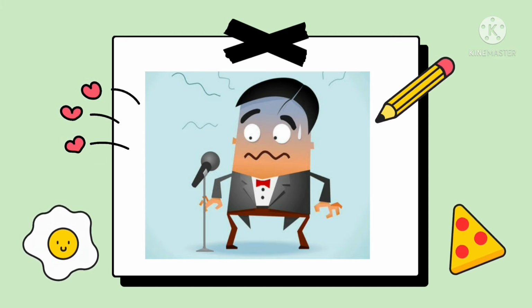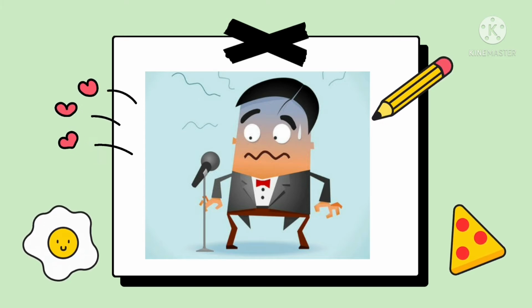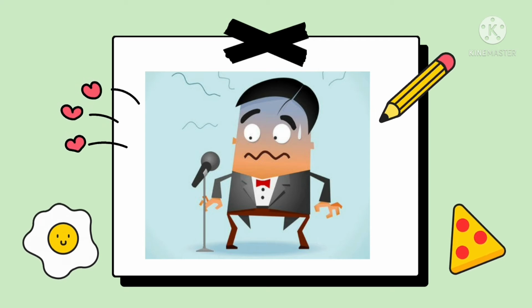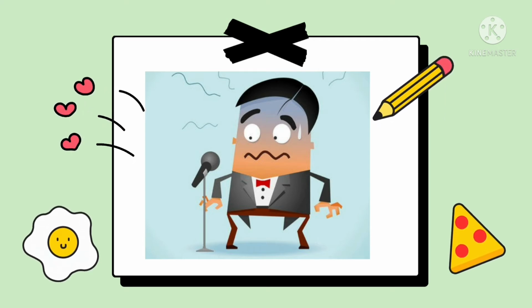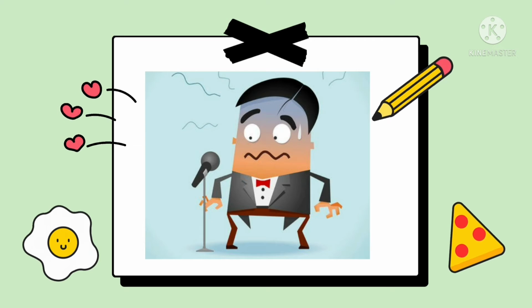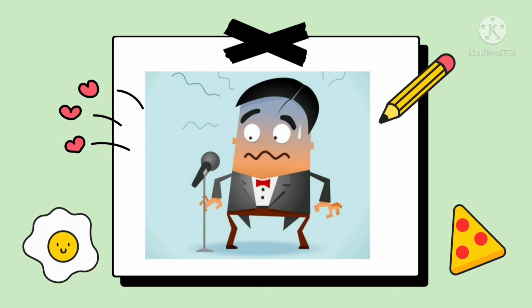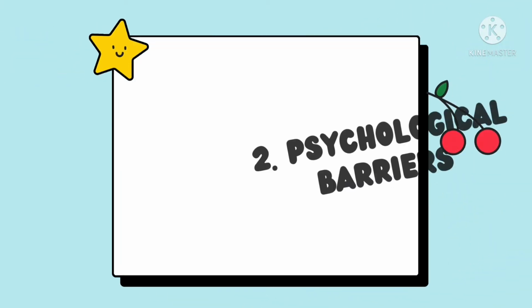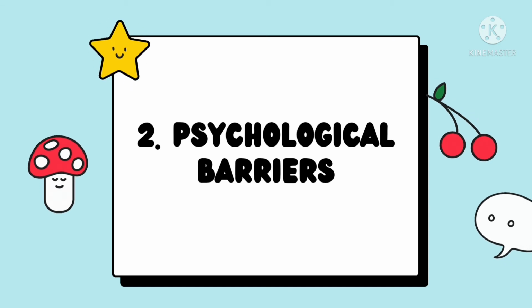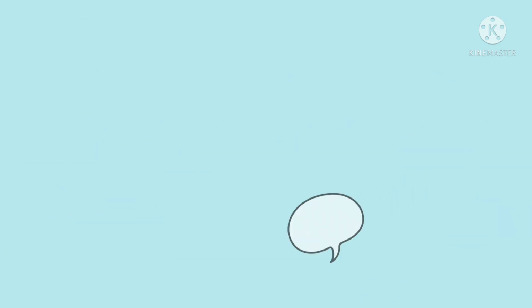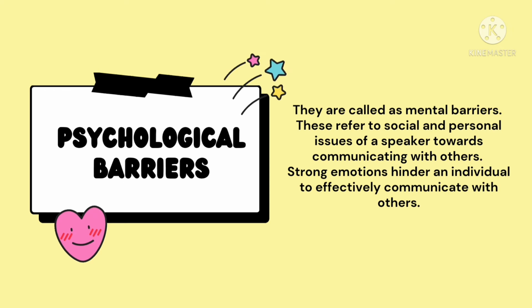Good job! That's correct. Clearly, the speaker is shy and nervous, and because of that, he is talking too low and he cannot keep eye contact. This is an example of psychological barriers. Psychological barriers are called as mental barriers.